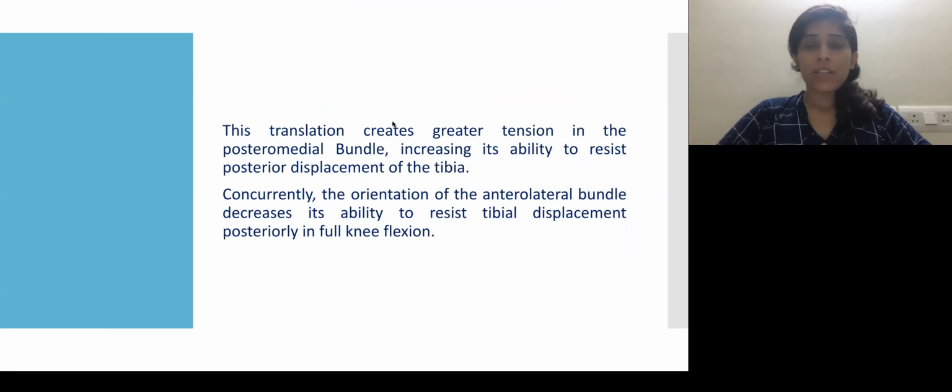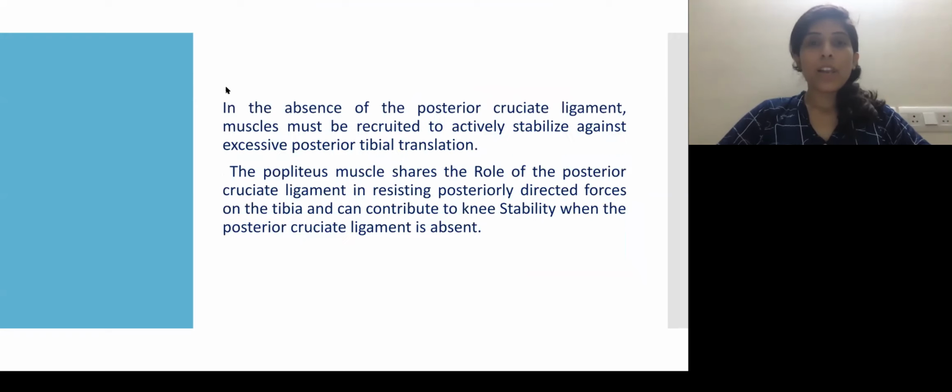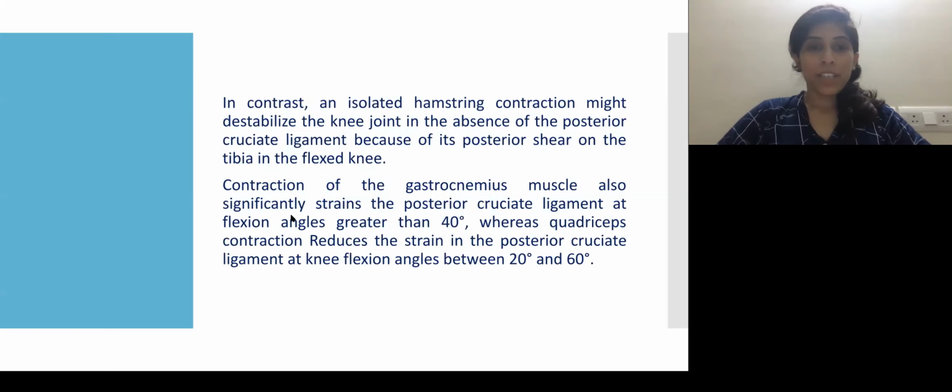Same as the anterior cruciate ligament, some muscles will assist the PCL, and some muscles will increase the strain on the PCL. So the popliteus muscle shares the role of the posterior cruciate ligament in resisting posterior directed forces, correct? And it helps to provide stability.